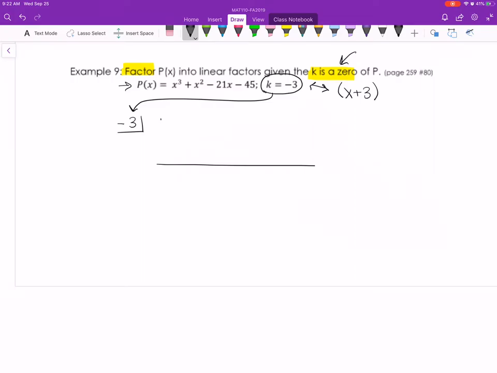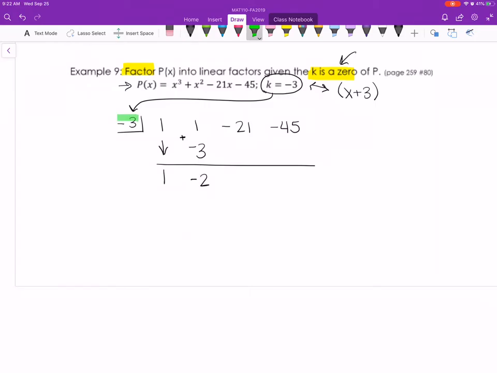So I'm going to write my coefficients across the top, and then start my synthetic division. I'm going to carry down my first one. Now I'm going to multiply -3 times -1, which gives me -3, and then add right here. So 1 plus -3 gives me -2.